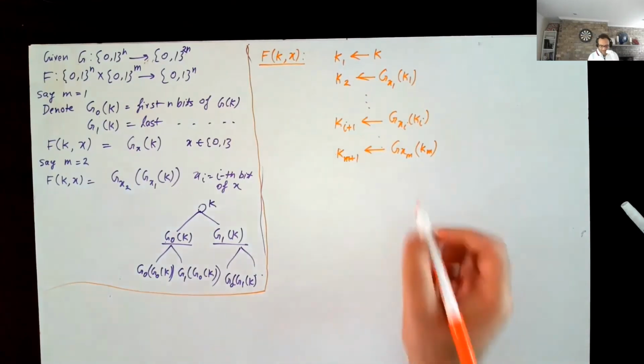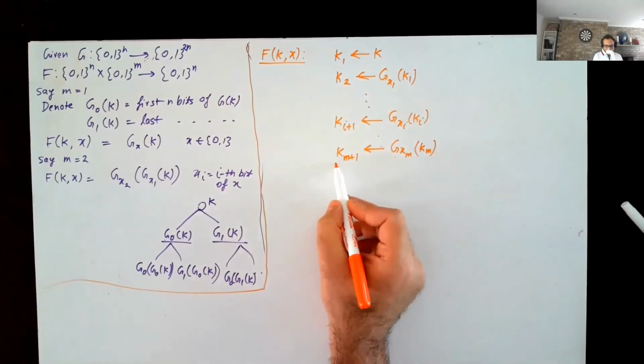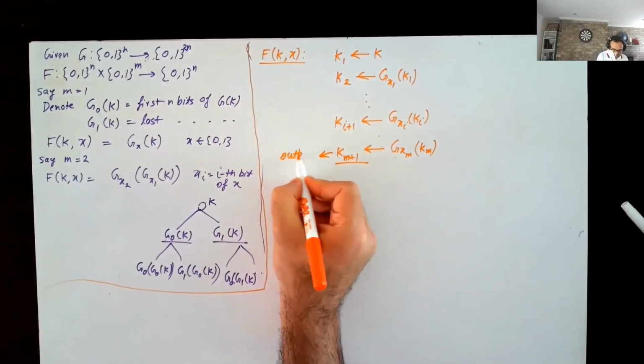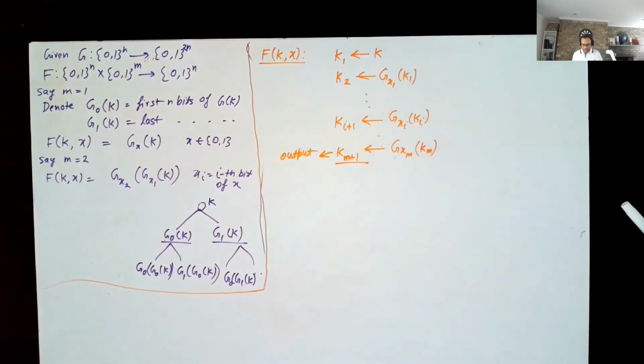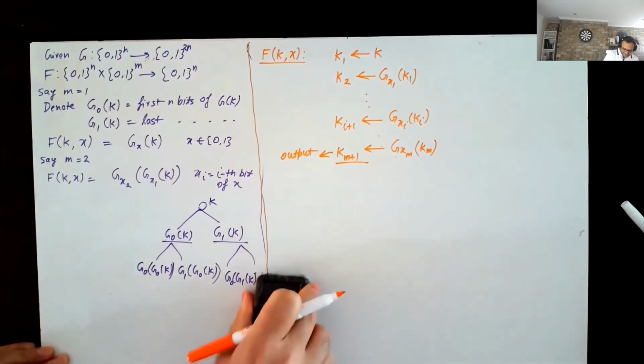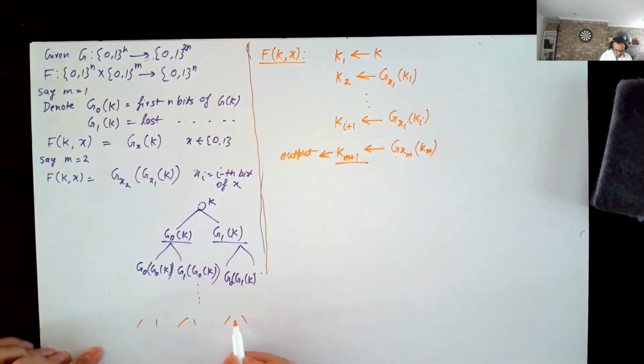The last invocation is just G of xm km, and that gives you k minus 1, and this is your output. And we can extend our tree further, with many leaves.